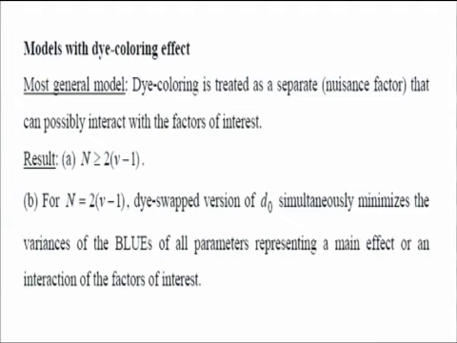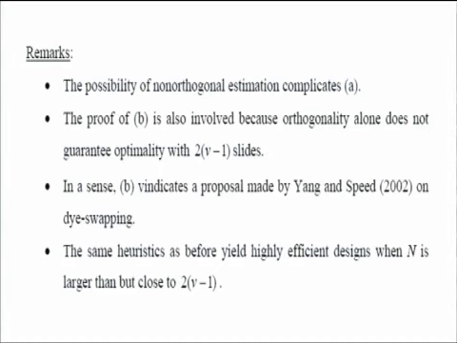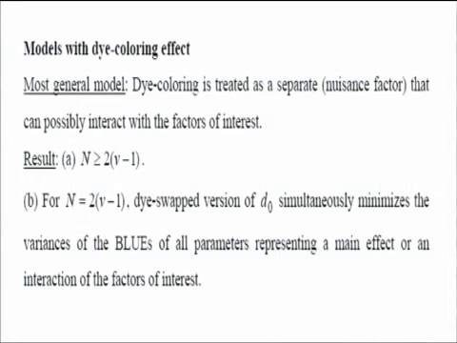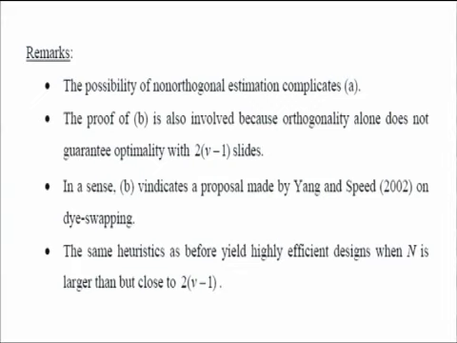Well, these 2 results, the proofs are quite lengthy here, because the possibility of non-orthogonal estimation complicates A. Then why should we require twice v minus 1? After all, the dye color factor is a nuisance factor, and there may be non-orthogonality that complicates the proof of A, and the proof of B is also involved, because orthogonality alone does not guarantee optimality with twice v minus 1 slides.